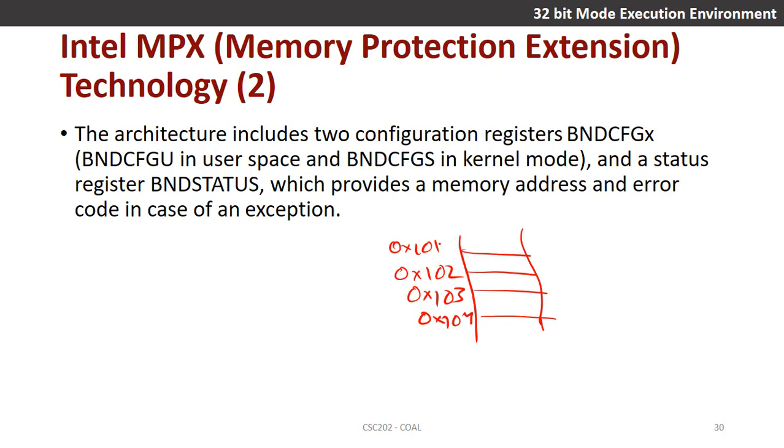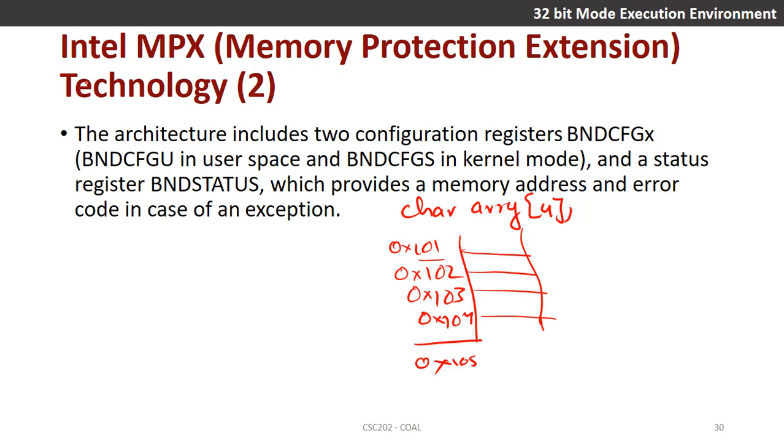Assuming this is a character array, and this is the base address, this is the lower bound of the array, the starting address 101. Then this is the second, this is the third, and this is the fourth. So the max address we can say is 0x105.